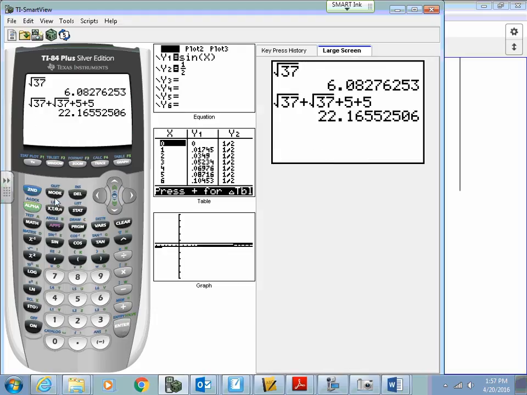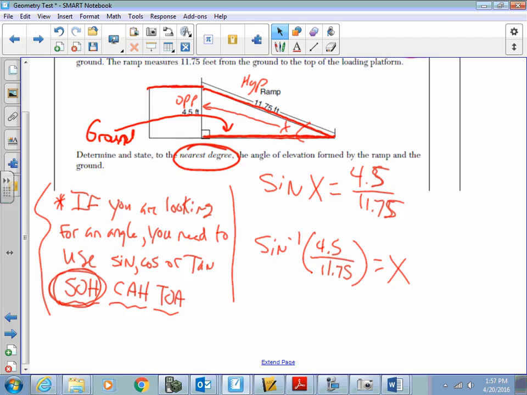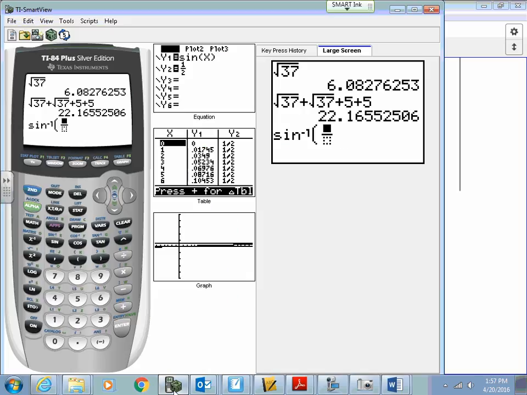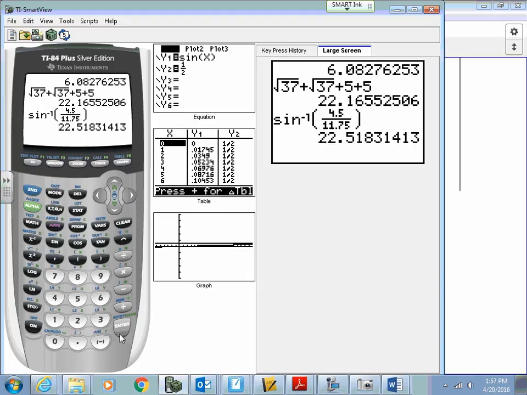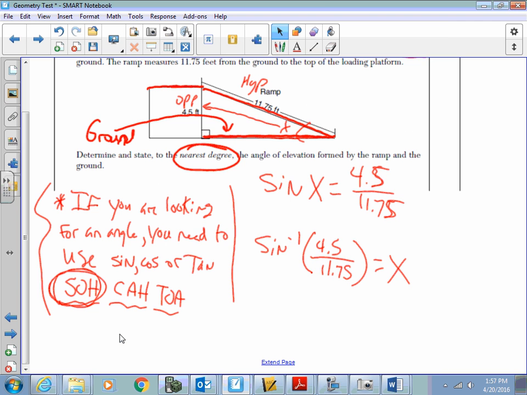We have to hit second, and then sine, and then I'm going to use the fraction, so I'm going to go green button, y equals, enter, and go back here. I don't remember what I have to put in: 4.5 over 11.75. Hit enter, and my degree is 22, let's see, to the nearest degree.